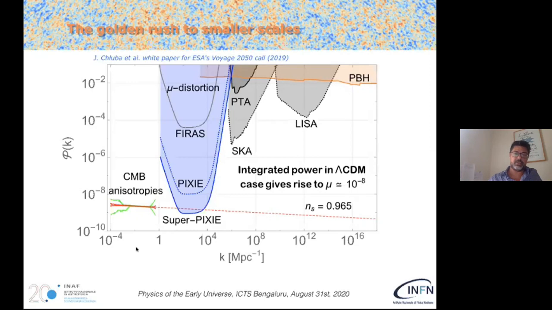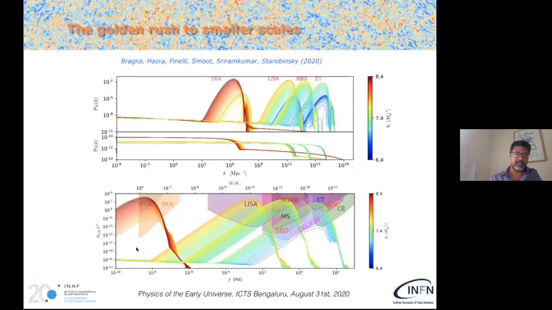And there could also be effects at small scales in gravitational waves, depending on the model, if this feature exists at smaller scales, as worked out by Matteo Braglia and in collaboration with Sriram and Viraj, which could have effects on the gravitational waves at small scales probed by interferometers, as discussed by Nicole.